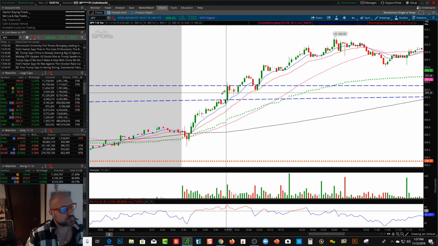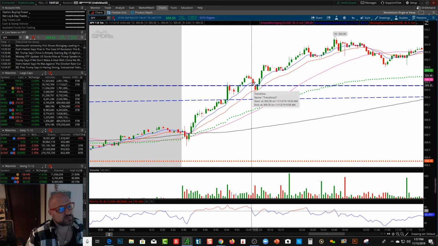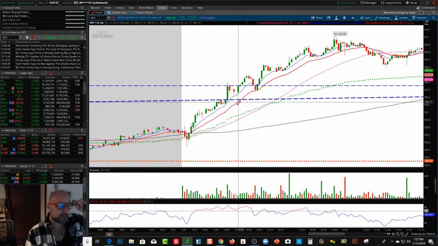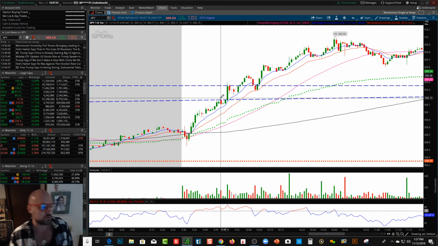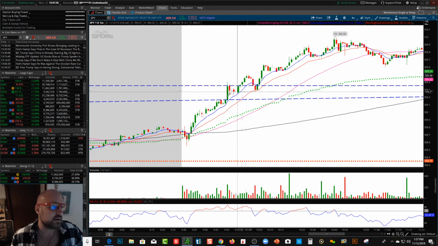So, where is this? 309.16 to 309.35. That's about a 19-cent move. But remember, if you're day trading options on this, the volatility, depending on your contracts, all the Greeks and stuff, you don't know. It's not like I just definitely made 20 cents.